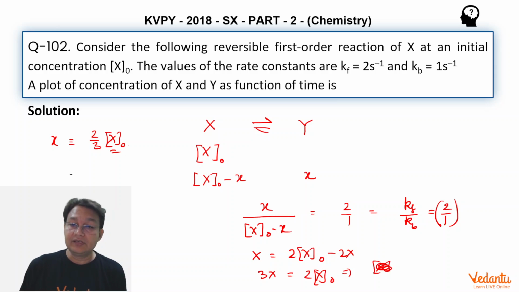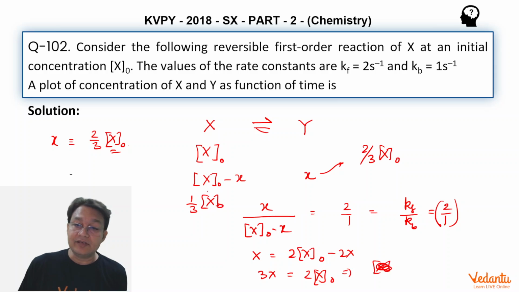You got this. And what are the equilibrium concentrations? So if you take x to be 2 by 3 X naught at equilibrium, what about this? That is equal to 1 by 3 X naught at equilibrium, because this quantity is equal to this.